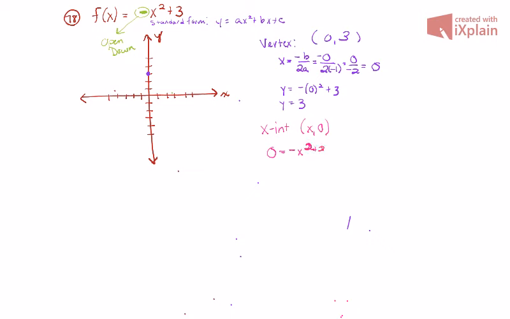We should have 0 is equal to negative x squared plus 3. Sorry for the mess. We can subtract 3 from both sides. This gives us negative 3 is equal to negative x squared. We can continue to simplify that down.